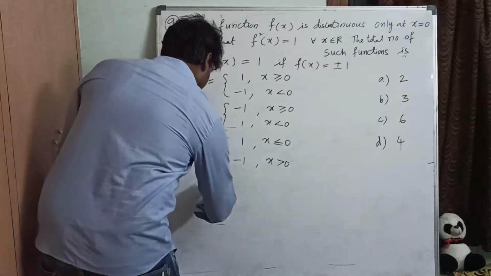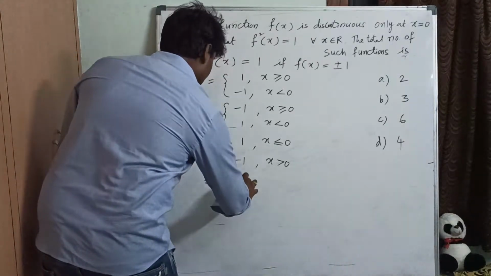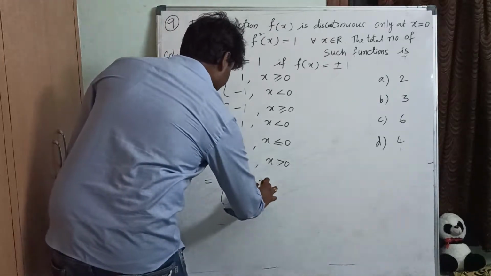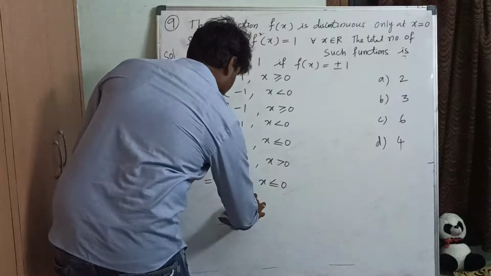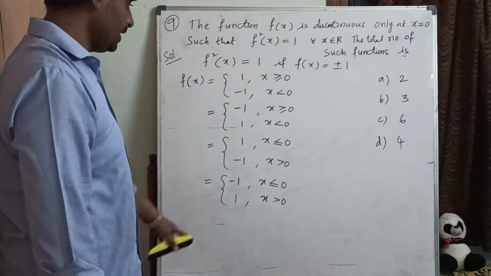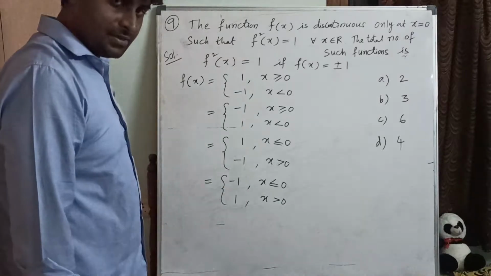Now similarly, here 1, minus 1, 1, x less than or equal to 0, x greater than 0, correct? So this also happens, right?